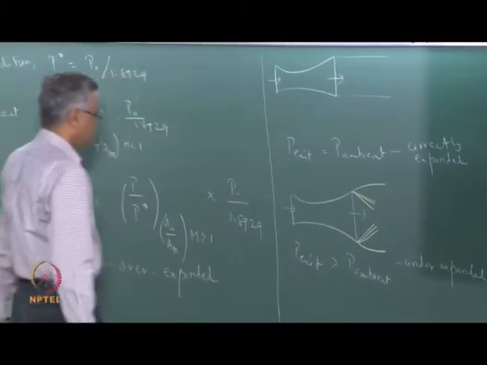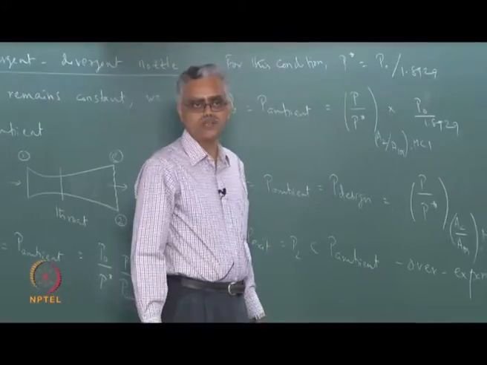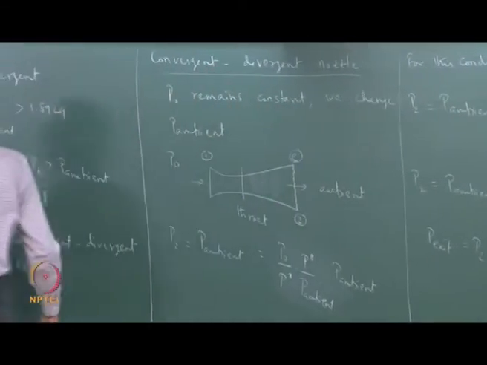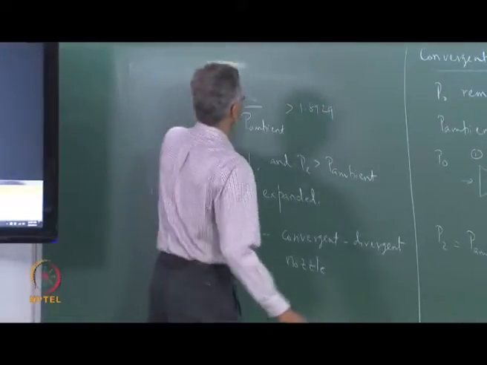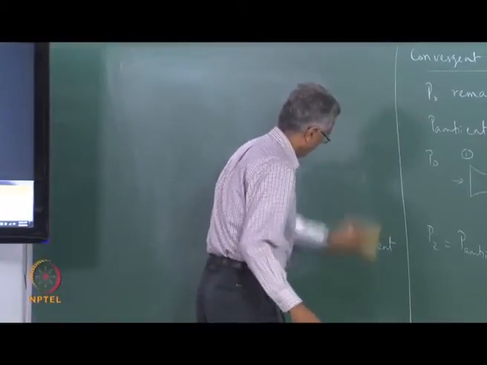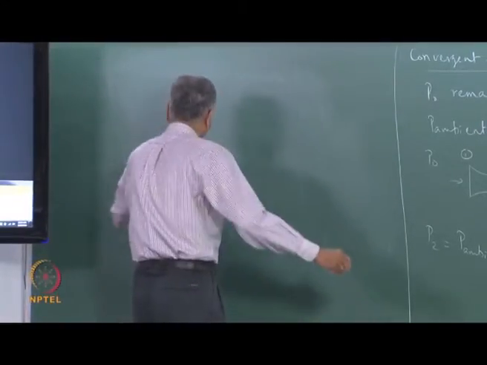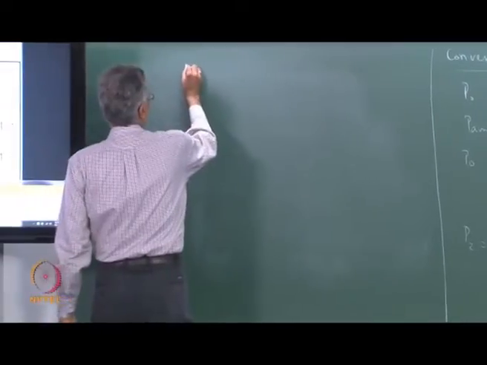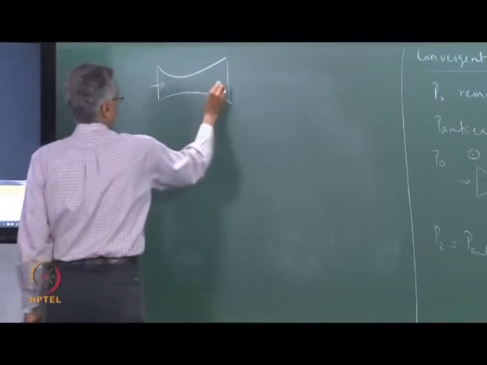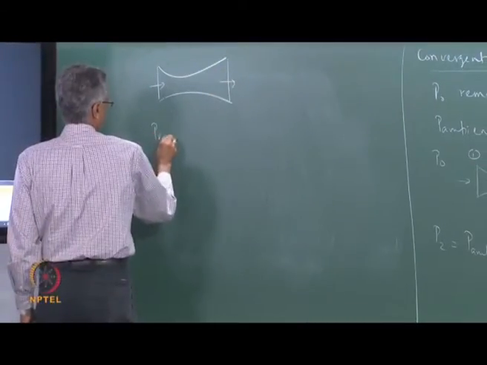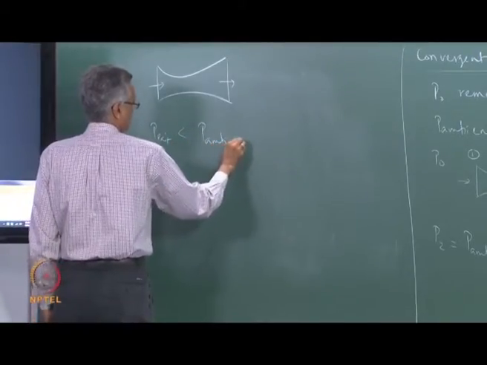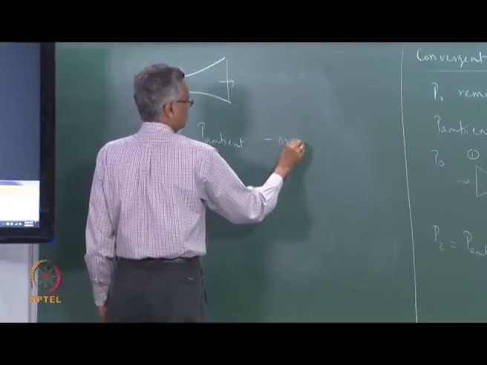Now, in the case that we just discussed, the flow is actually over expanded, which means it needs to be compressed, and let us see what that looks like. Here we have a situation where the exit pressure P exit is less than P ambient, and this is an over expanded situation.